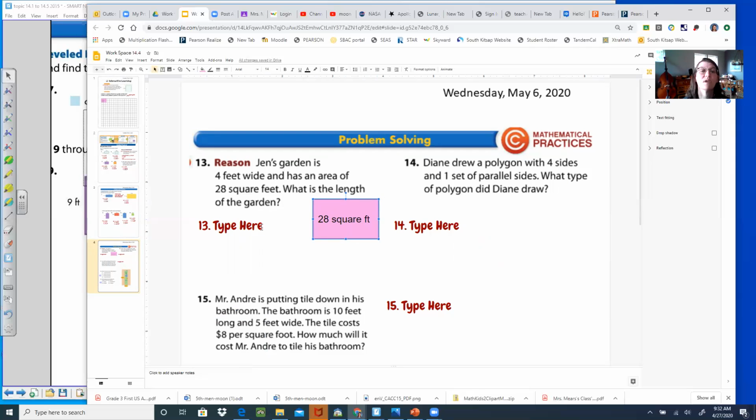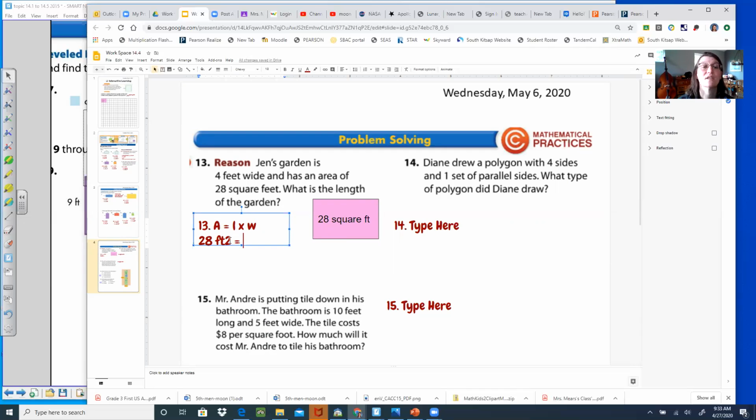So I'm going to type in the formula. A equals, and hopefully you're thinking length times width. I know my area is 28 square feet. Now I'm going to highlight that little, oh no, not yet. I have learned the hard way that if you make the little too soon, it makes everything little, and I don't want everything little.